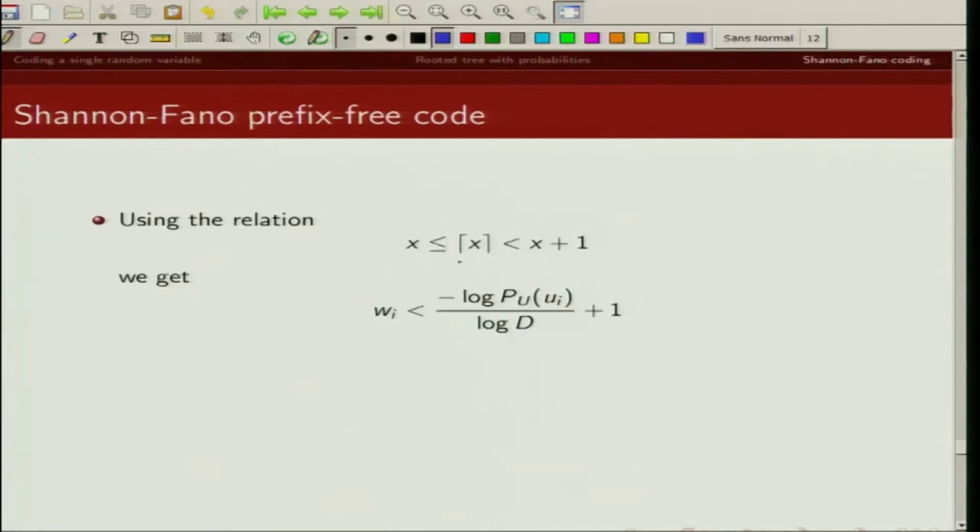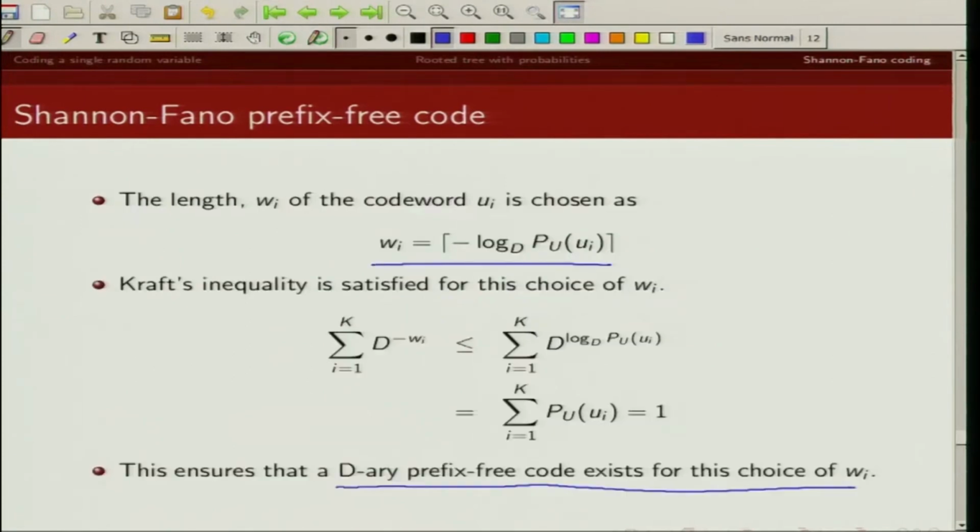Now we know that a ceil function can be upper bounded and lower bounded like this. So x is less than or equal to ceil of x, which is less than x plus 1. From this, w_i is given by this expression.